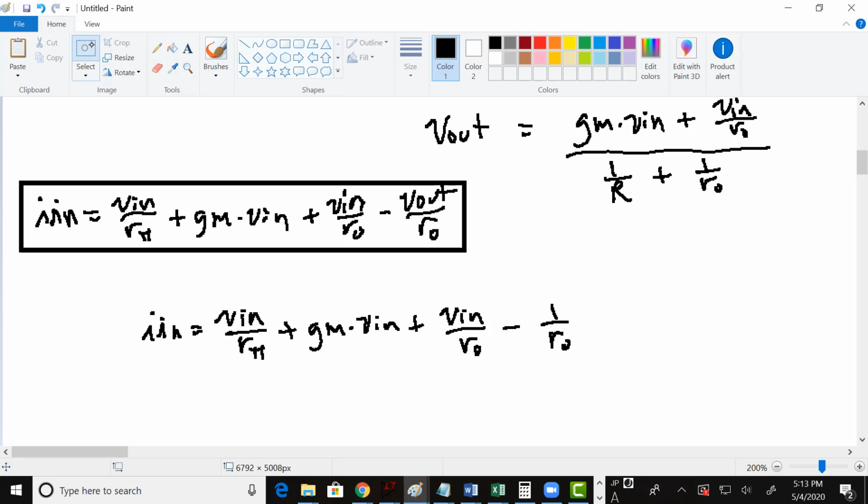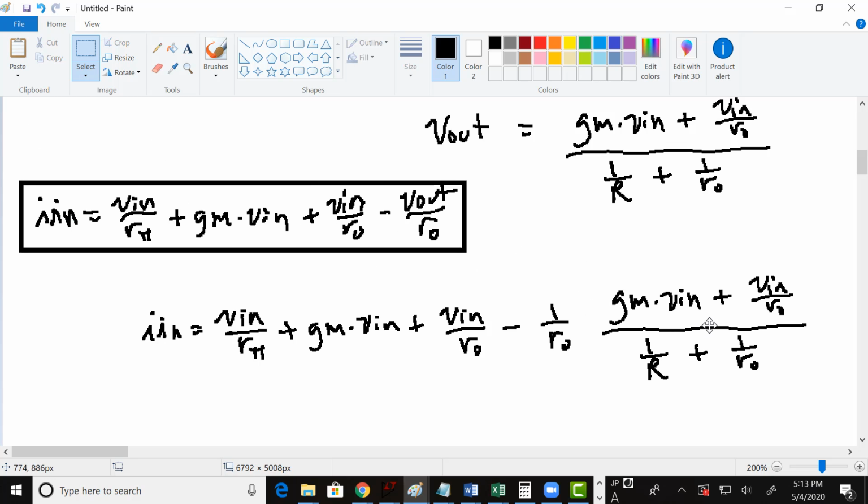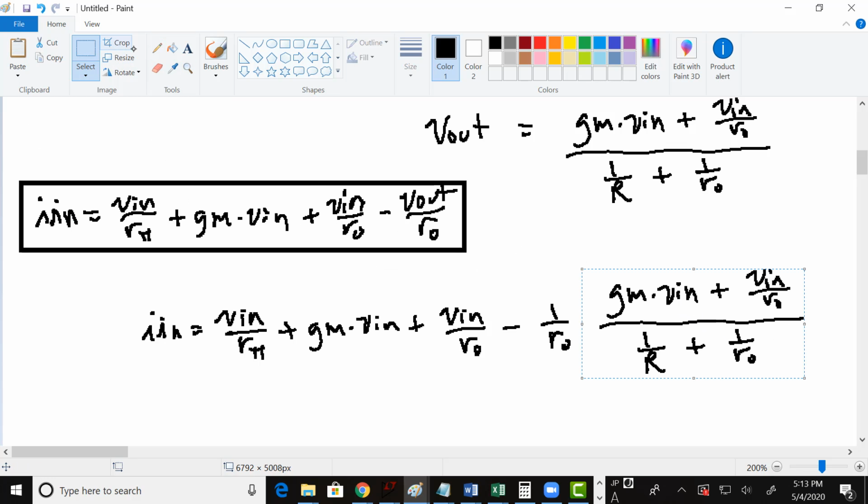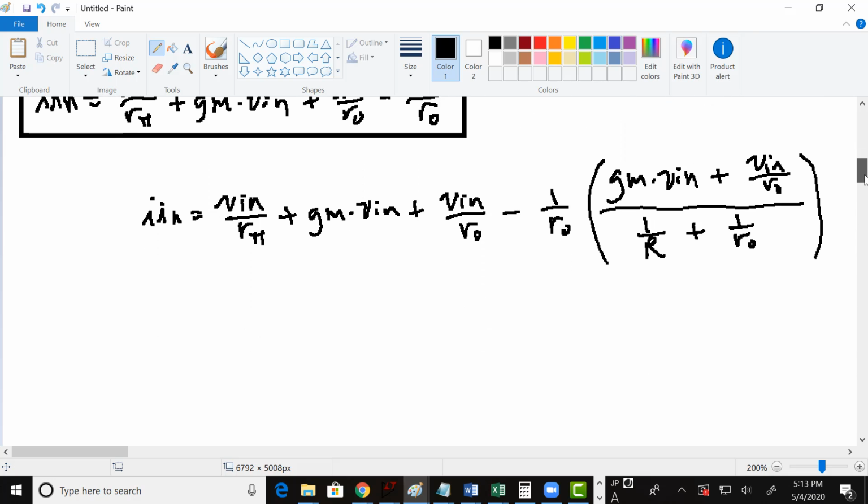So okay, we're trying to find our in, so it needs to be V in over I in. Factor out V in from every single term in this whole thing, and you have I in on that side.